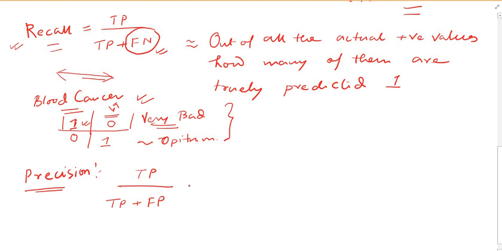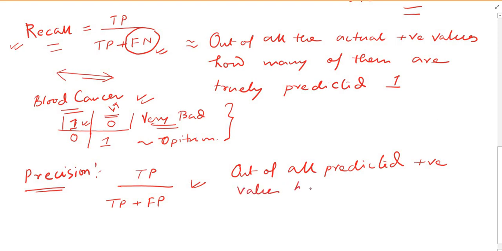Okay. So what is it trying to say here? It's trying to say that out of all predicted positive values, how many are actually positive.